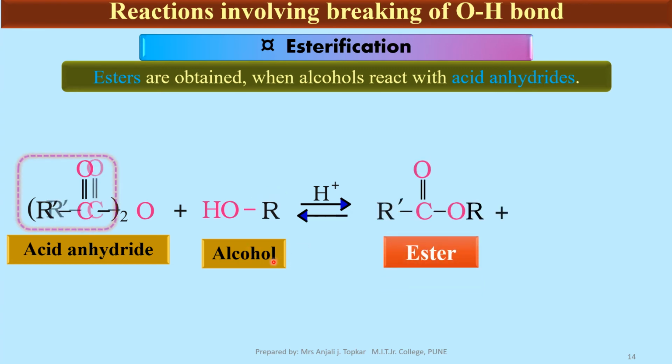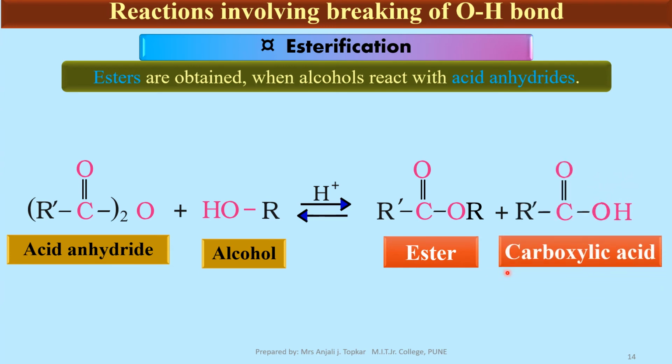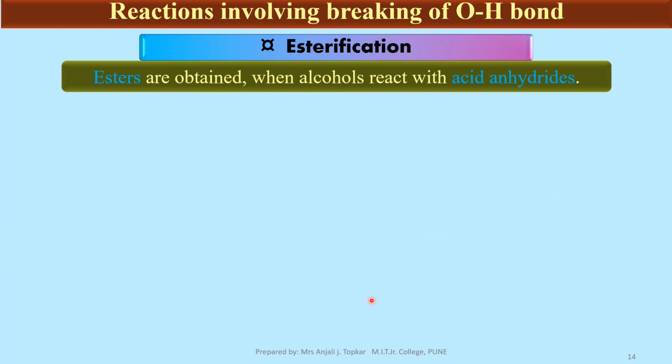Plus RC double bond O and OH will give you carboxylic acid. Thus, acid anhydride, when treated with alcohol in the presence of concentrated acid, gives rise to the formation of ester and carboxylic acid. Let's see the example.